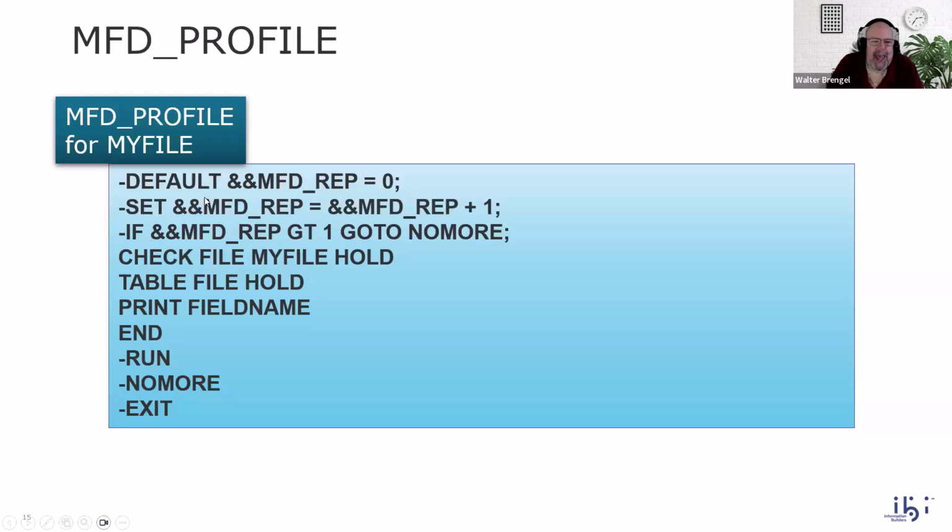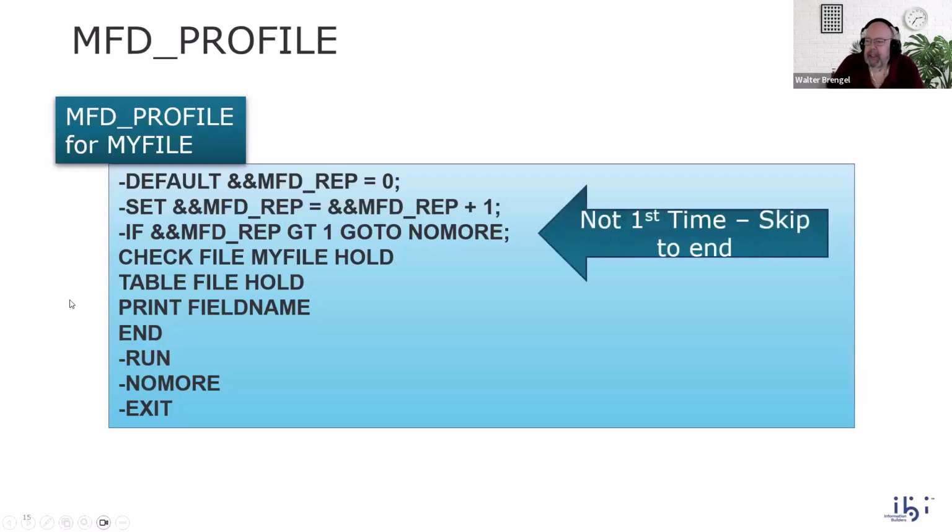This is an example of what you can do to avoid getting into the loop situation. If it's the first time, MFD_REP has a value of 1, so it's going to run the CHECK FILE and create the HOLD file. Otherwise, if it's greater than 1, we're just going to jump to -NOMORE. So the MFD profile is always going to be run, but whether you reference stuff inside of it is up to you with the looping.